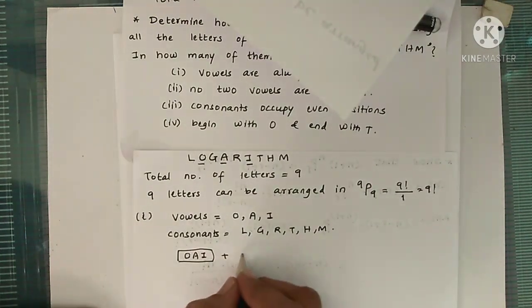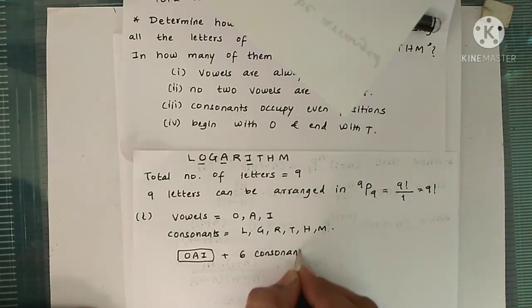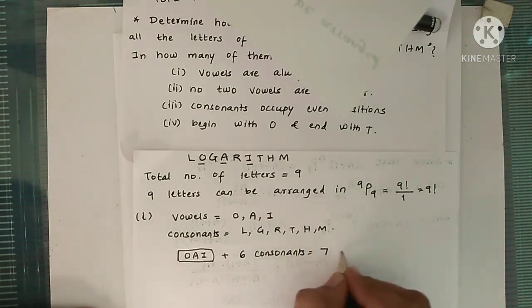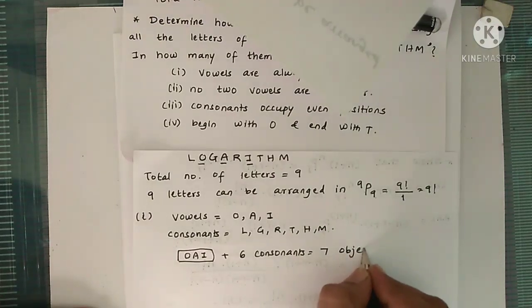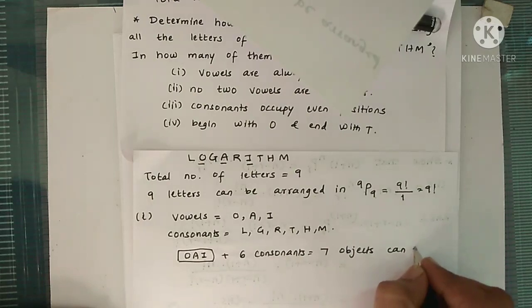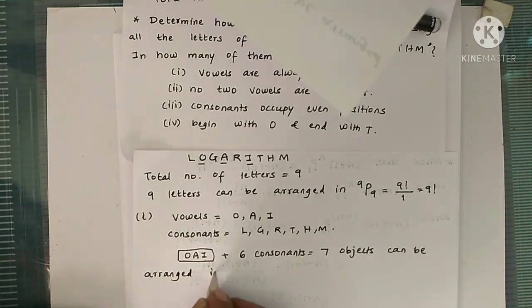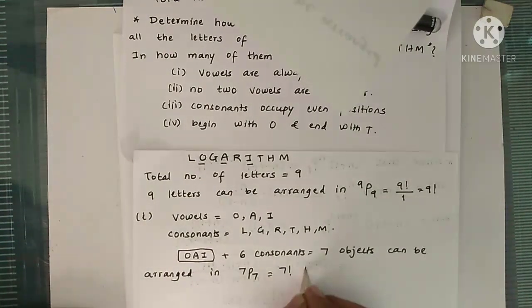So this one big object plus 6 consonants means in all we have 7 objects. These can be arranged in 7P7, that is 7 factorial ways.